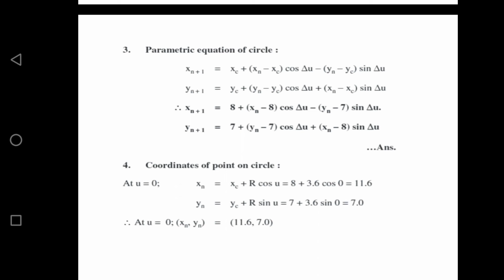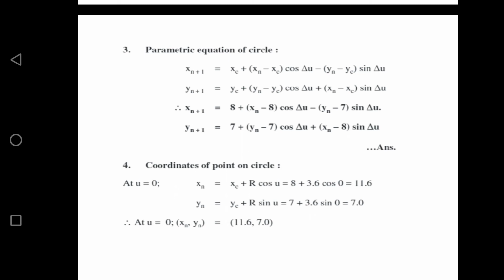I don't have xn and delta u. So let's consider the initial position, or the initial angle, of a point, which has the angle u equal to 0 degrees.